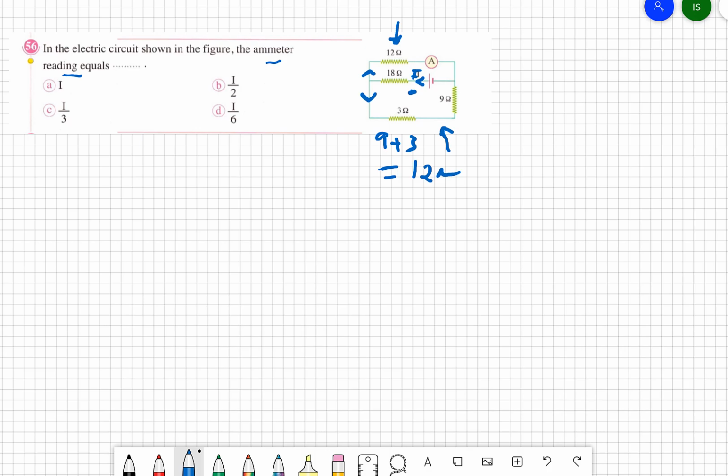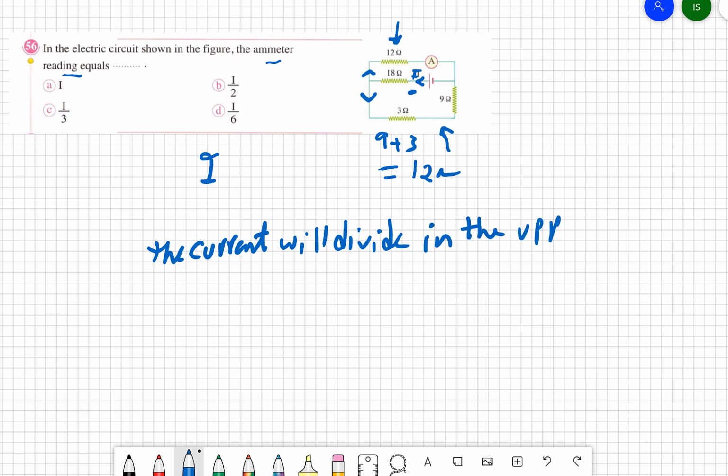If the main current that moves through the 18 ohm is I, the current will divide in the upper and lower wires.